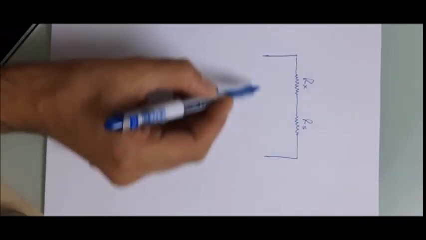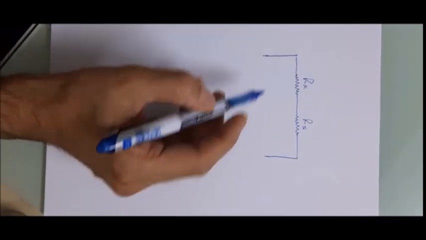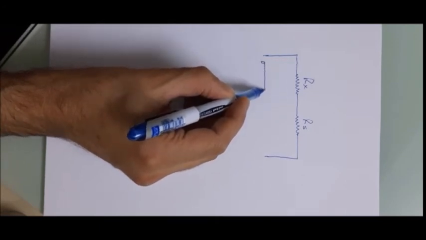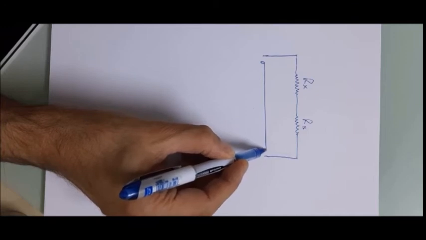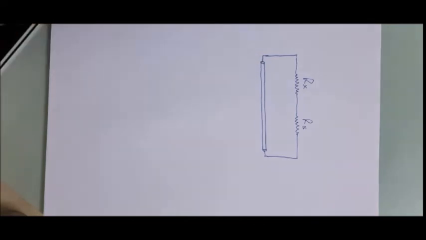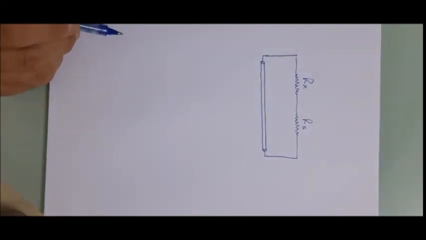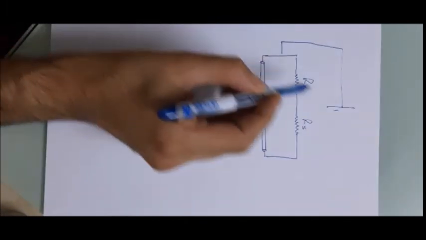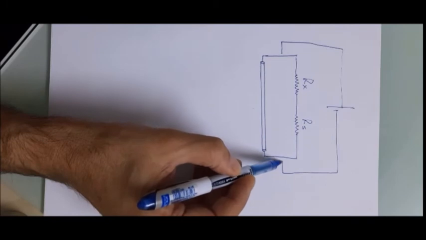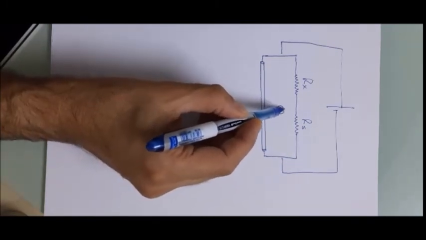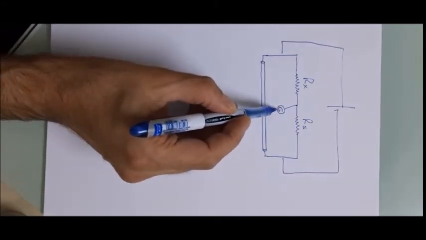And here, these two resistors, which were called R1 and R2, we replace them by a wire which is 1 meter long, yes, 100 centimeters. And we connect, of course, the power supply here at the two ends. Then we use the galvanometer connected to this side, and here we have a pointer.